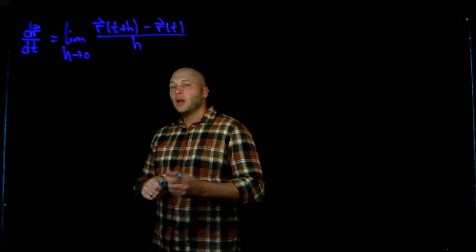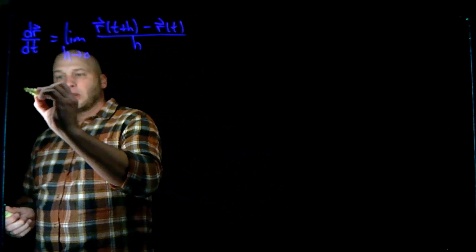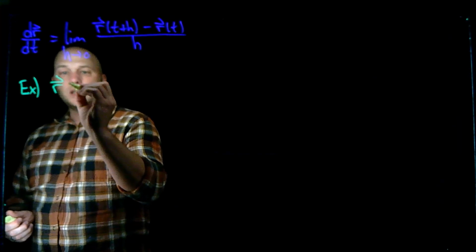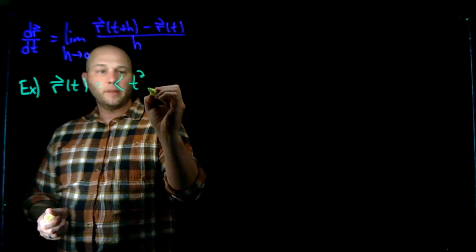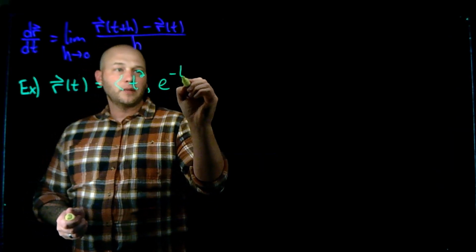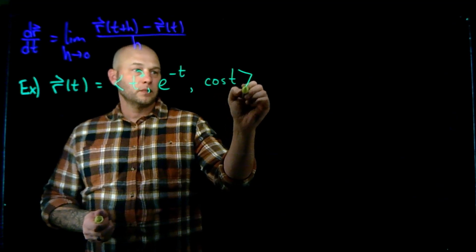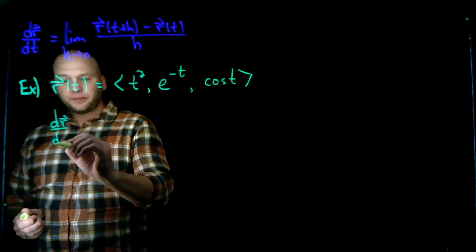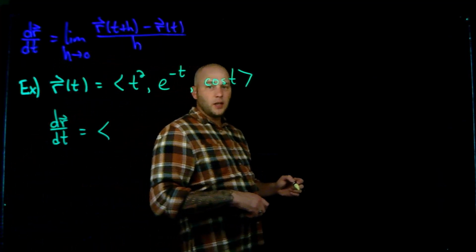In other words, if I have a vector function that looks like this, r of t is equal to t squared, e to the negative t, cosine t. To compute the derivative of that, I just differentiate each component.